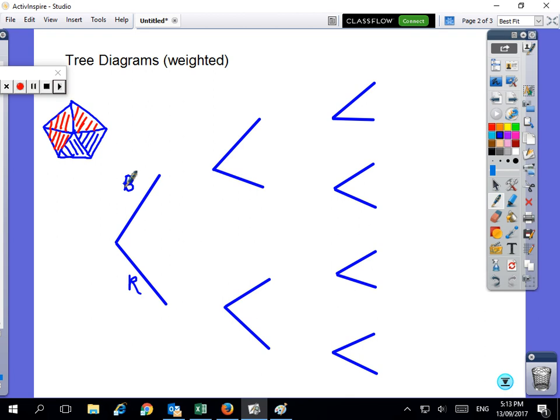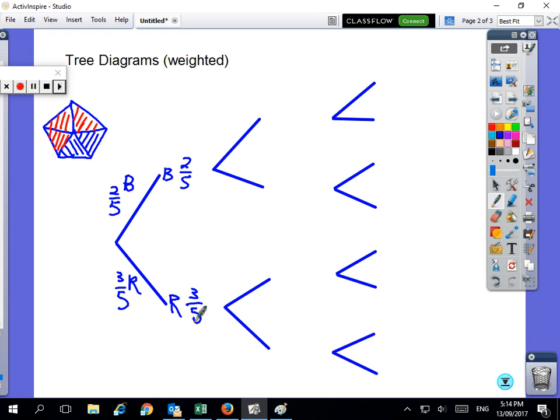So my chance of getting a blue is 2 on 5. My chance of getting a red is 3 on 5. And that won't change if we're just looking for blue or red, and we're only spinning it once, fine. Then that spinning it once, we get 2 on 5 chance of getting a blue, 3 on 5 chance of getting a red, fine.